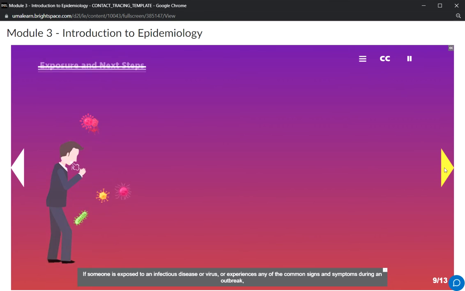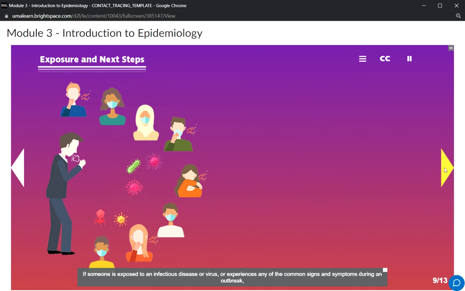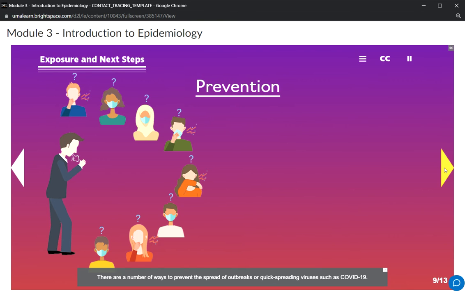If someone is exposed to an infectious disease or virus, or experiences any of the common signs and symptoms during an outbreak, then there may be concern for viral transmission. There are a number of ways to prevent the spread of outbreaks or quick-spreading viruses such as COVID-19.